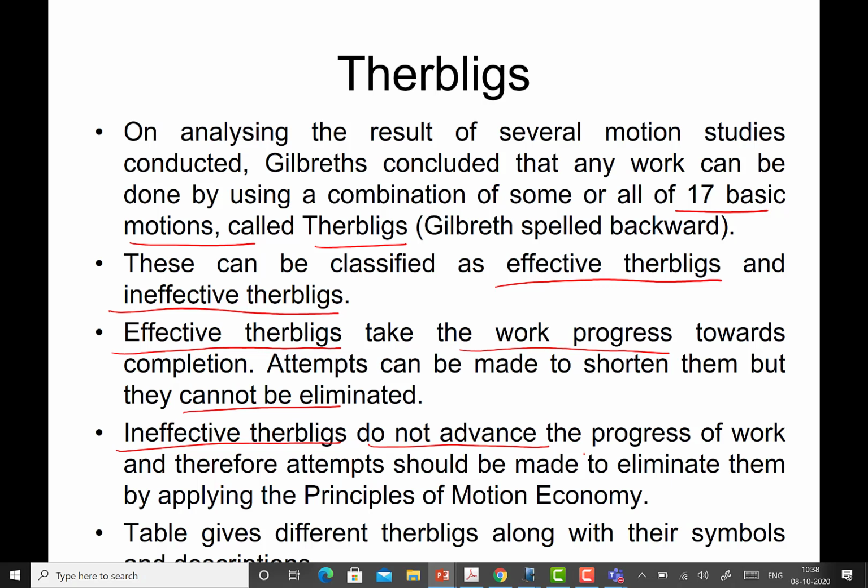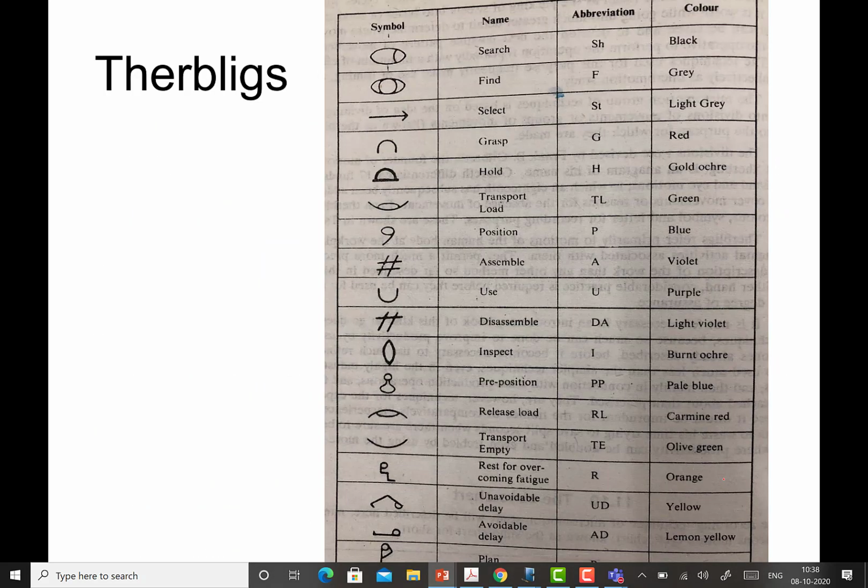So an attempt should be made to eliminate these ineffective therbligs. Which ones are effective and ineffective, I will talk about a little later.